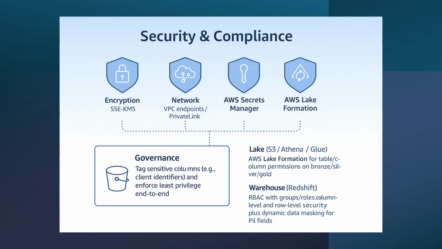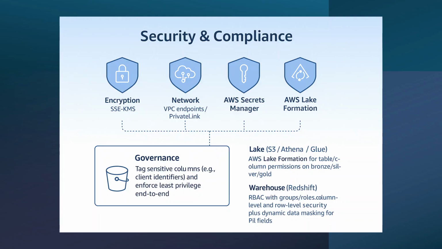Now, for governance and auditing, on top of the Glue catalog, we use Lake Formation for table and column level permissions. In Redshift, we apply RBAC, which is role based access control, and also row level security so users see only authorized data.